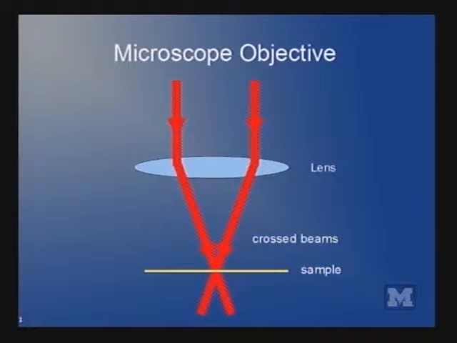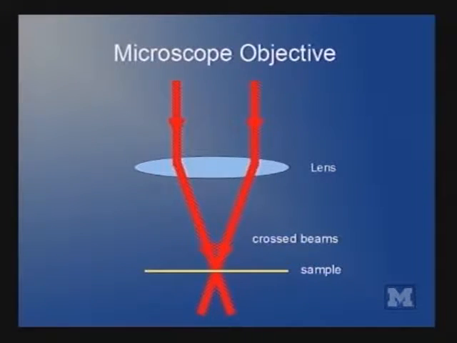Real life's a little messier. How do we actually get this to work? The first thing we use to make a crossed beam lattice is a microscope objective. That's our main optical tool here. Mostly what it consists of is a lens that focuses some beams down really tight.